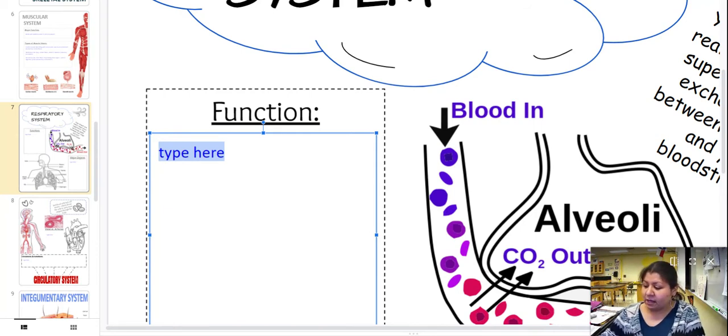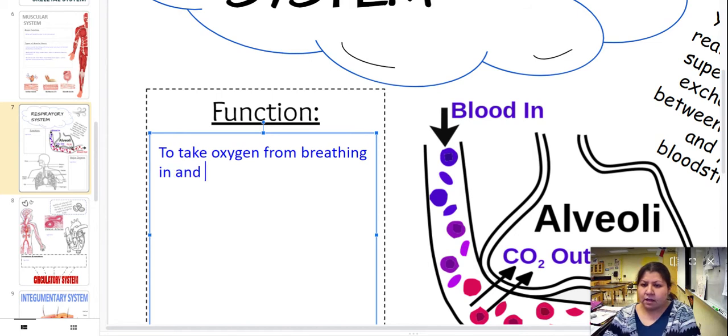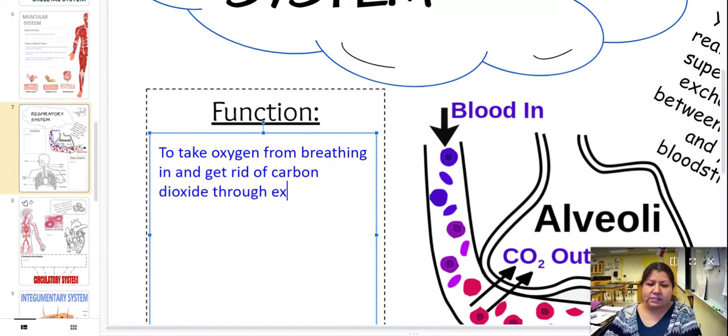Okay, so our primary function is to take oxygen from breathing in and get rid of carbon dioxide through exhaling. So we breathe in oxygen, breathe out carbon dioxide.